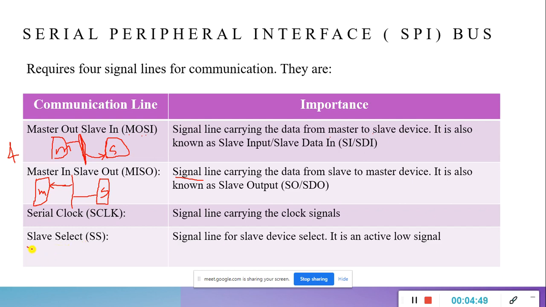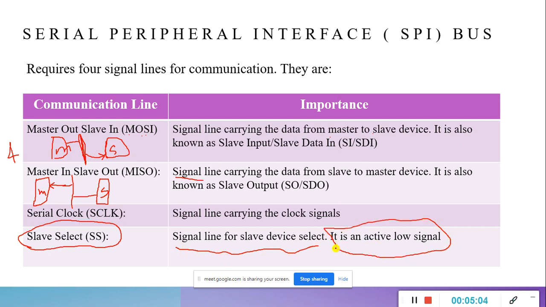But here, we select the slave to which I want to send the data. By sending an active low signal, I can select the slave hardware. So this is how you can expect this, in analogy.